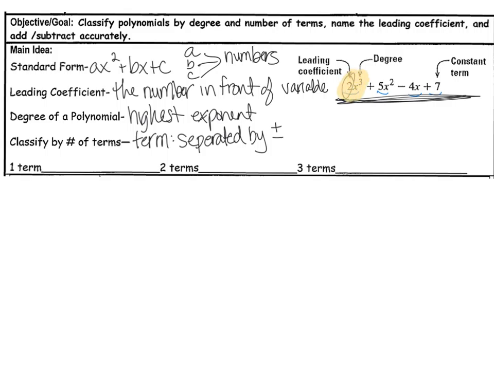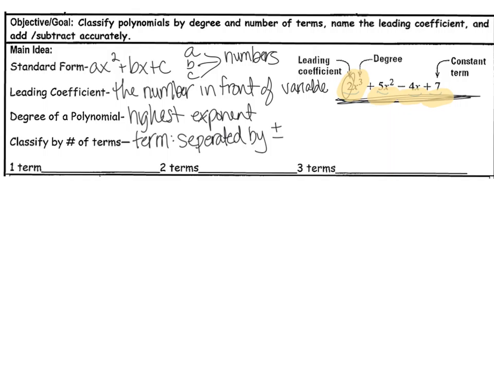It just whited it out. There's one term. Here's another term. Here's the third term, and here's the fourth term. Okay? So this polynomial example on the right has 4 terms. All right, so then you have at the bottom of the box, it says 1 term, 2 terms, 3 terms.